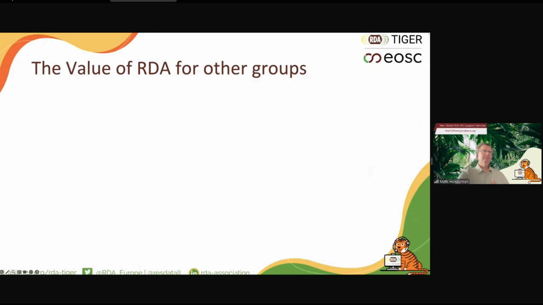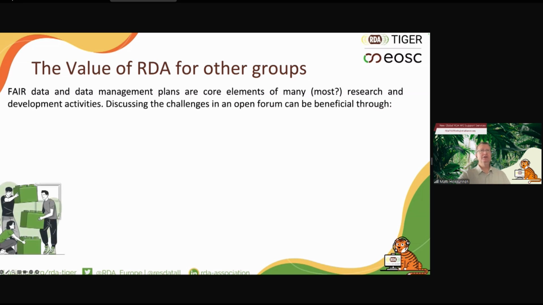So looking at the value of RDA, thinking about how we can be complementary to, for example, APAN and events like this. I think FAIR data and data management are the core elements of most research and development activities.